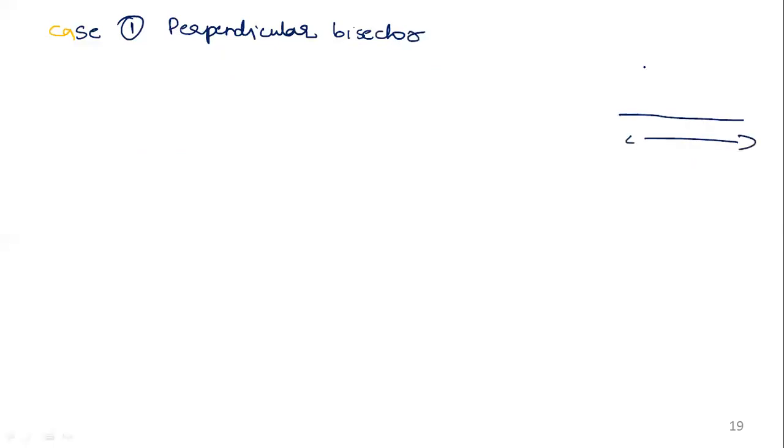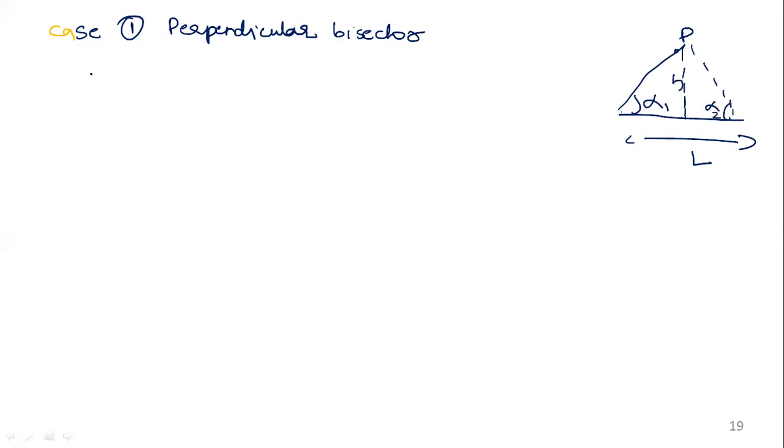So first case 1, if it's a perpendicular bisector, you have this here. This is the total length L, and this is our point P. This will be the perpendicular bisector, and this is the height h.